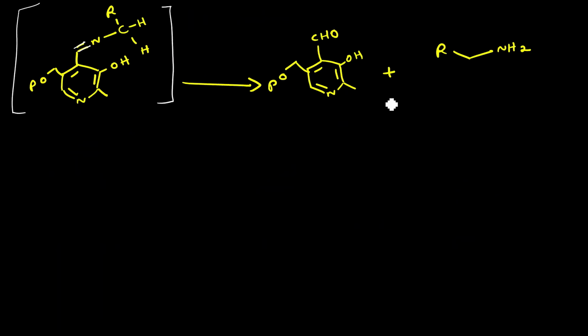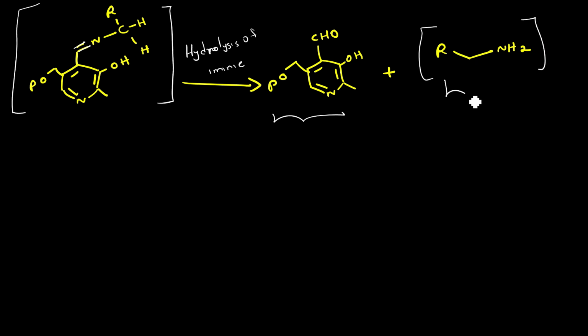Okay. Now in the next step we have our hydrolysis of imine. From this hydrolysis, the aldehyde product will be formed. Here we have the aldehyde product and our amine product. So this is our amine.